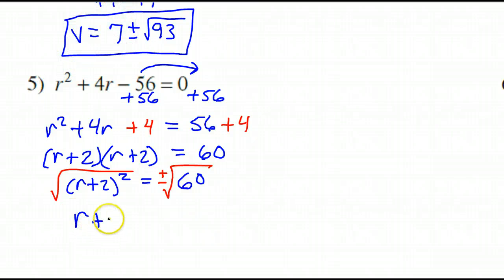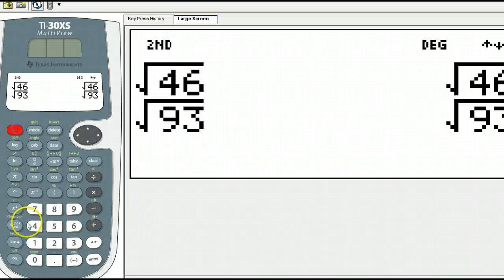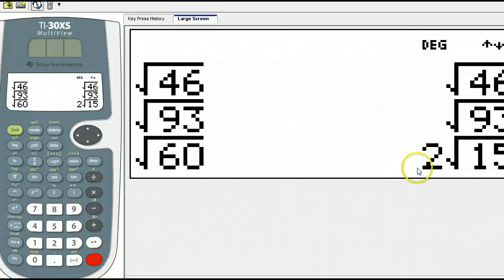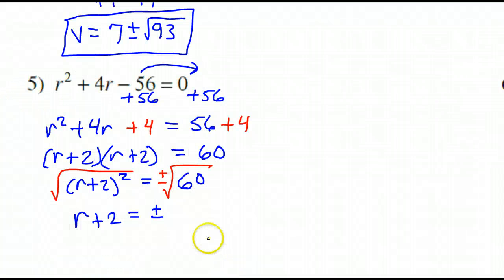So that's going to give me r plus 2 is equal to plus or minus, alright, 60 is 2 radical 15. Square root of 60 is 2 times the square root of 15. So we will do plus or minus 2 radical 15.